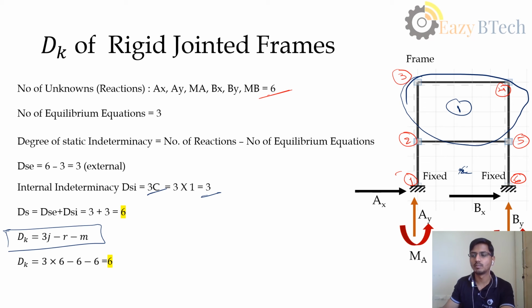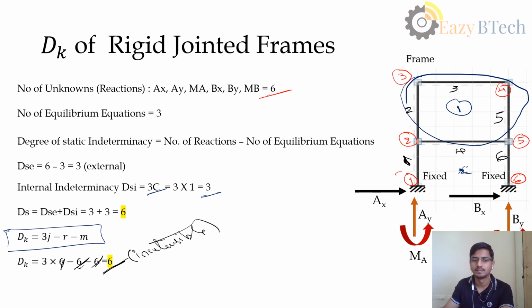Now the number of members: 1, 2, 3, 4, 5, and 6. When we substitute these values, 6 nodes, 6 members and 6 reactions, the total we get is 6. If it is inextensible and rigid, then the kinematic indeterminacy is 6.